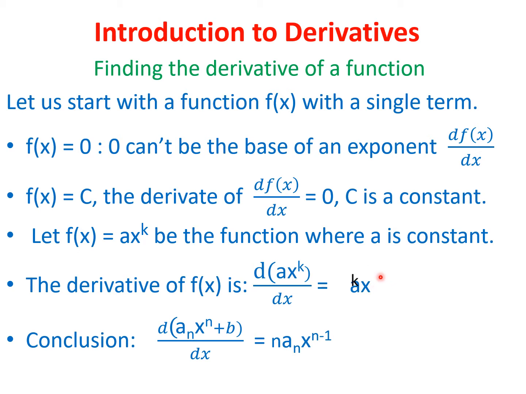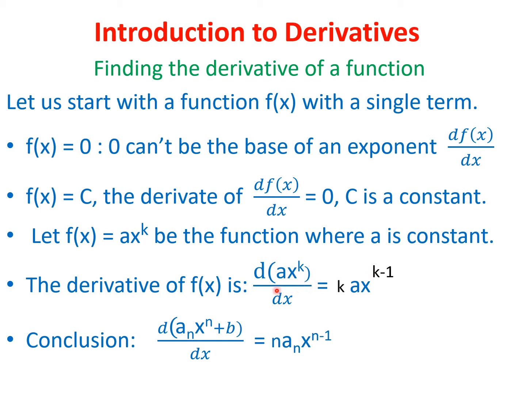So the power k will be taken down as a coefficient along with a, and a new exponent is determined, which is k minus 1. So that is how the derivative is. We take k, we mount it down next to the a, so it will be k multiplied by a, and the new exponent will be k minus 1.